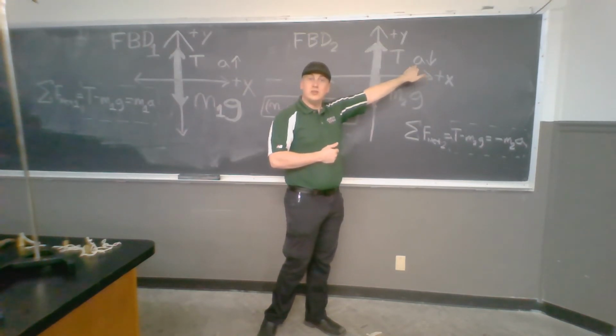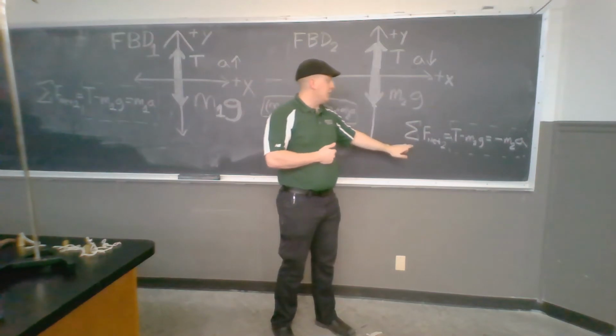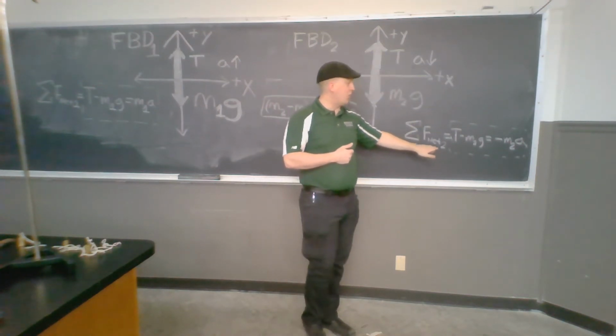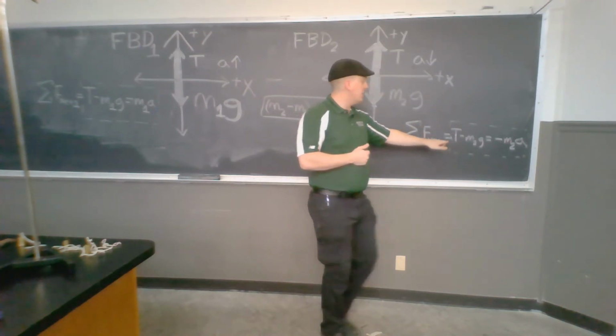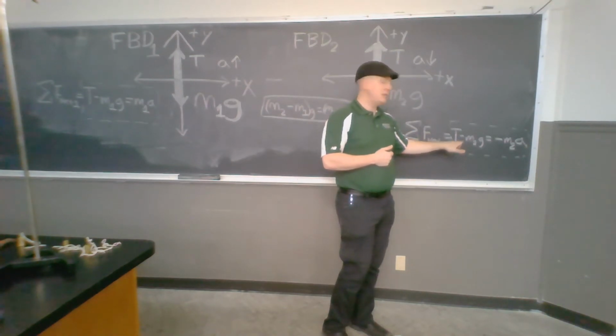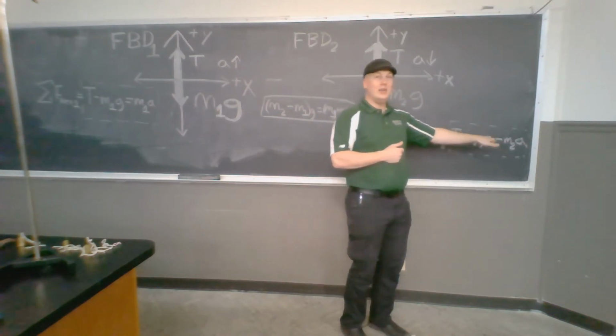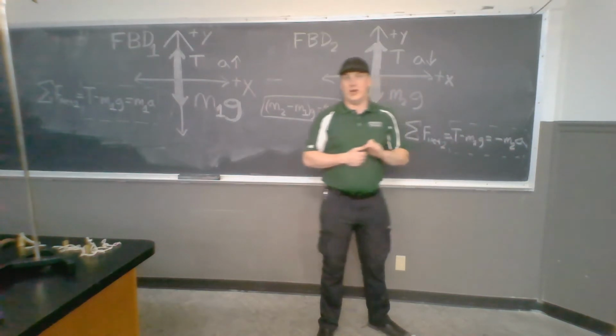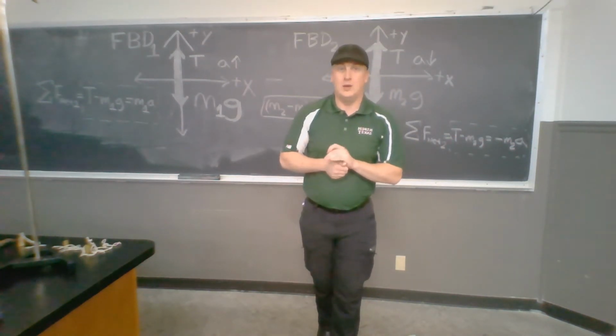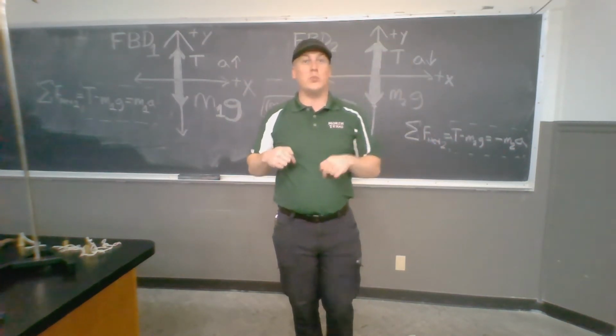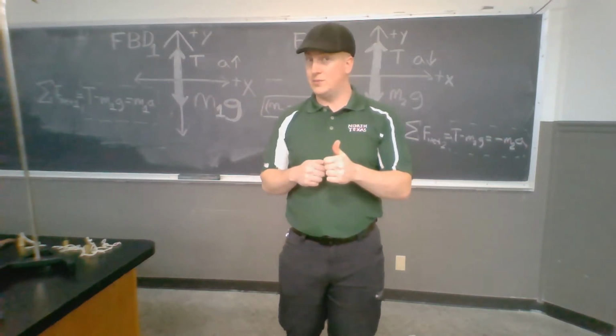So now this goes back to Newton's second law, where we wrote the sum of net forces for object 2: tension minus M2G equals negative M2A, not a positive M2A, because we established that the acceleration is downward, remembering that acceleration is a vector.